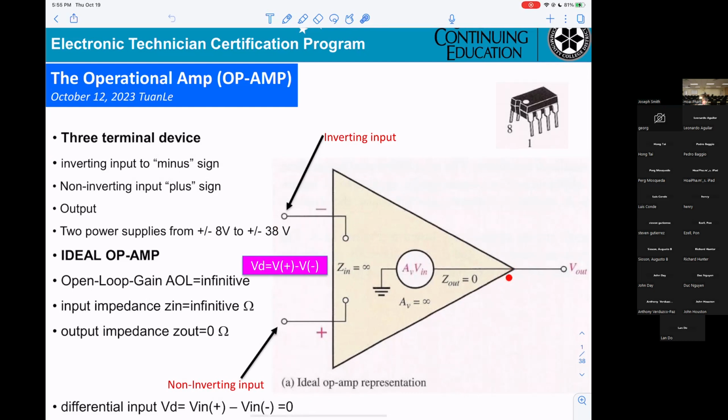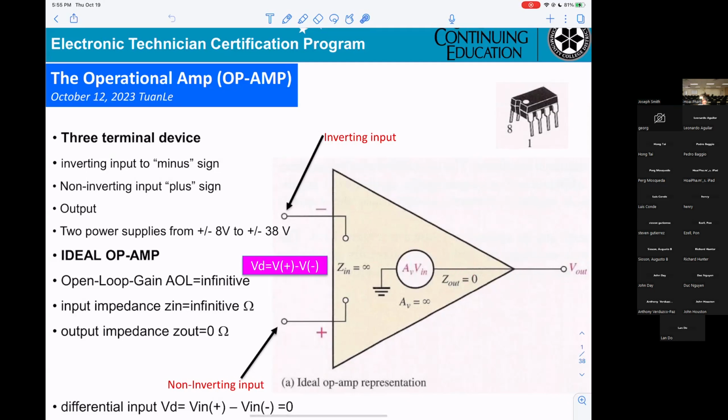And also, this is the output, V out. AV, that means the differential gain, times V in, and that will come out. And also at the output here, you get a resistance.